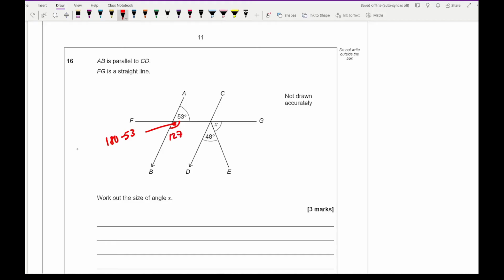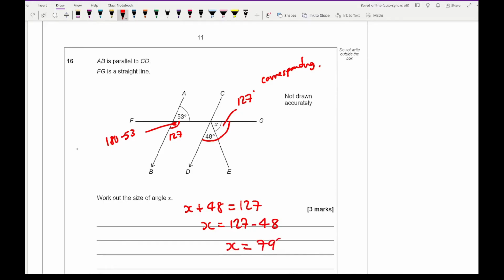Now this angle completed is also going to be 127 because it is a corresponding angle, so like an F angle. So that means that X plus 48 equals 127. So X equals 127 take away 48, which gives me an answer of 79 degrees.